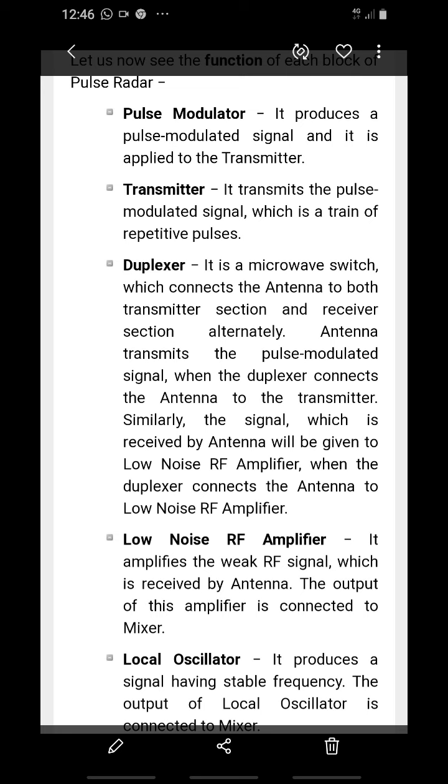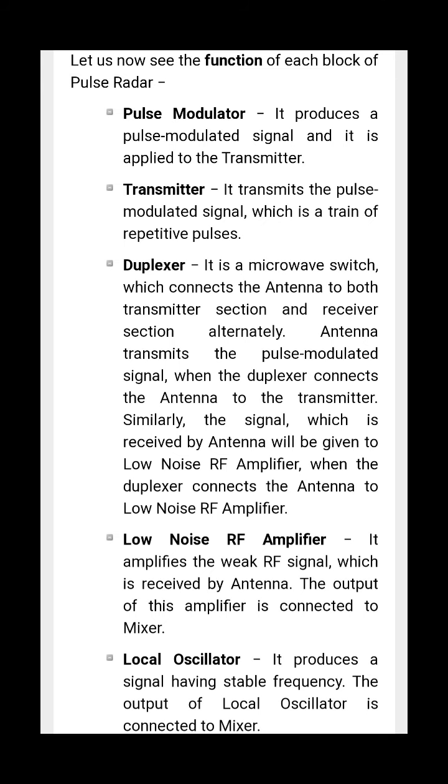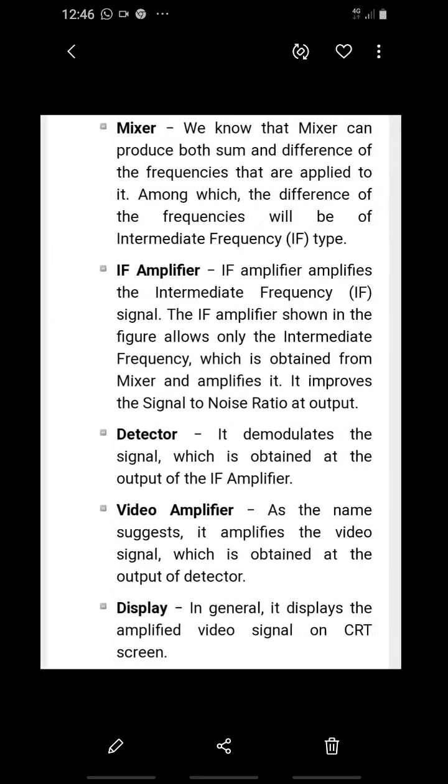The output of this amplifier is connected to the mixer. Local oscillator. It produces a signal having a stable frequency. The output of the local oscillator is connected to the mixer.